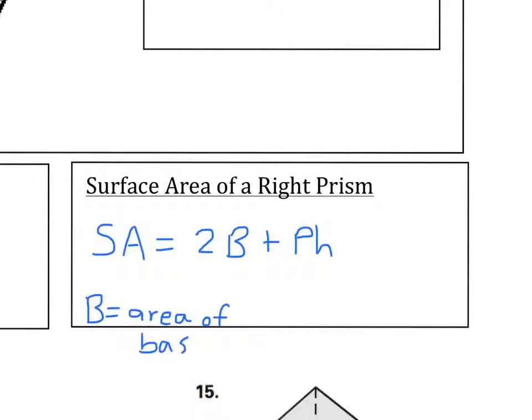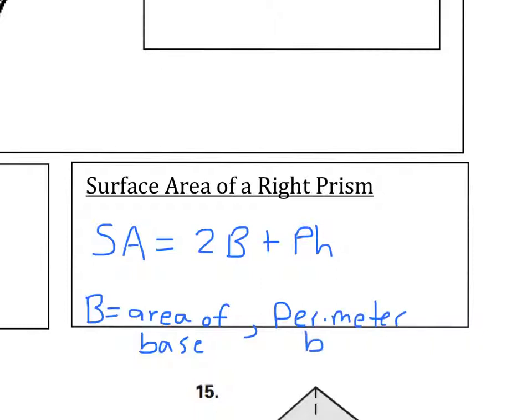For example, if the base is a triangle, you use a special formula for the triangle. If the base is a pentagon, you use a pentagon formula. P means the perimeter of the base.